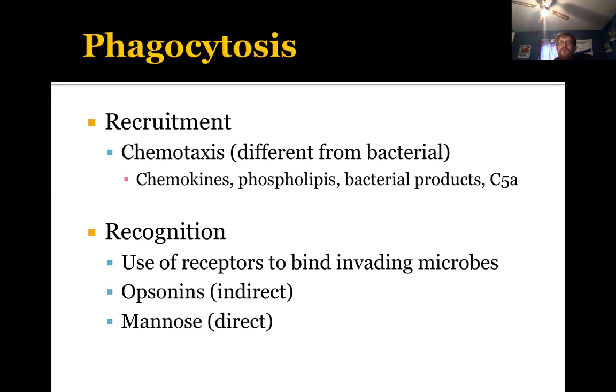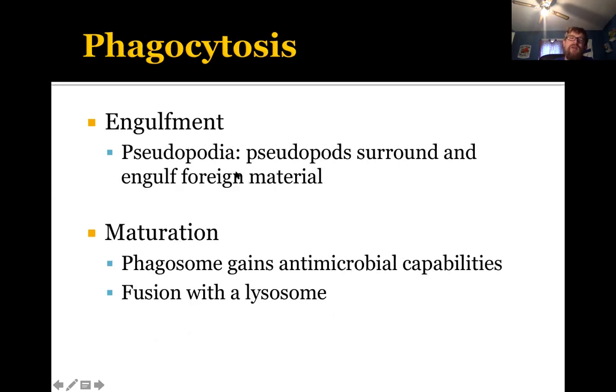So in this case, opsonins are an indirect recognition. That would be like C3b bound. The phagocyte has a receptor for C3b, and so that's how it recognizes a pathogen. Some phagocytes can recognize mannose, which is a sugar on the surface of bacteria, directly, and just pull that bacteria in with just that recognition.